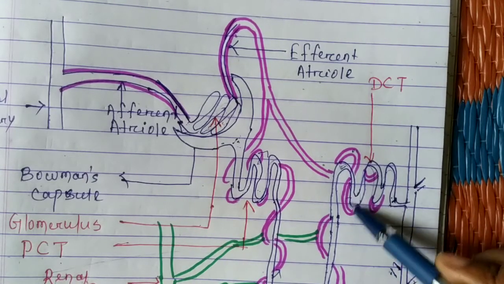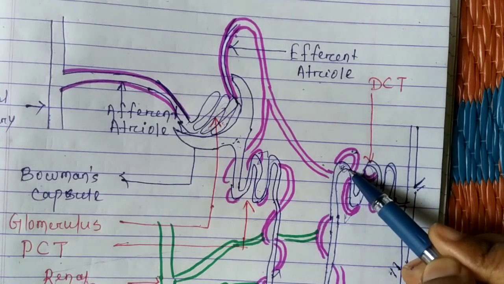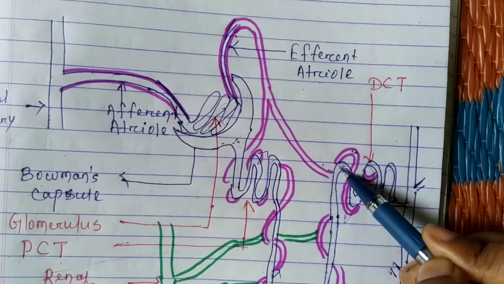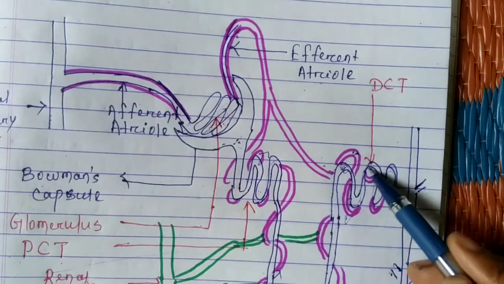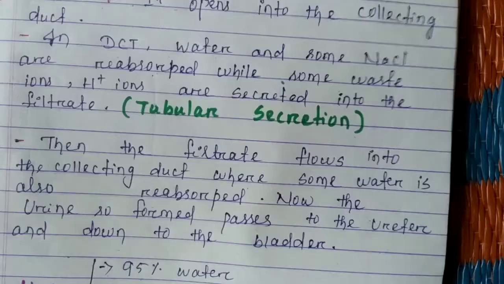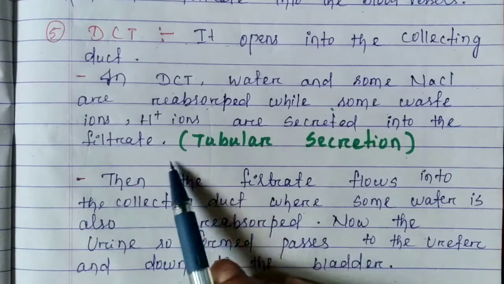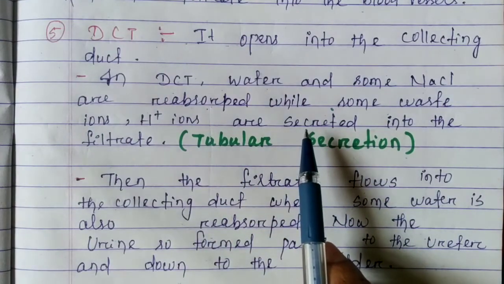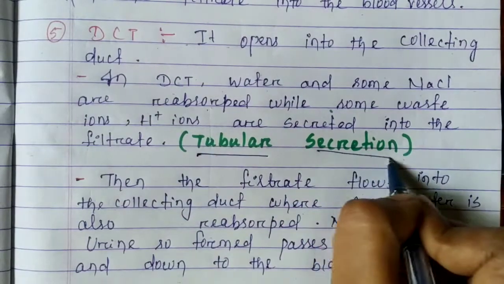Useful substances are reabsorbed and waste is secreted into the filtrate. The distal convoluted tubule opens into the collecting duct, and the process by which substances are secreted is known as tubular secretion.